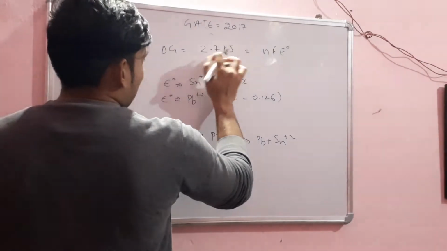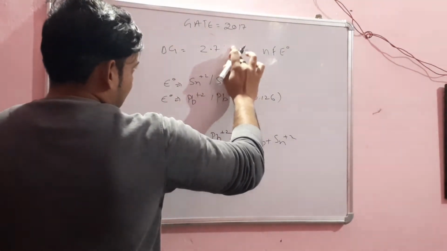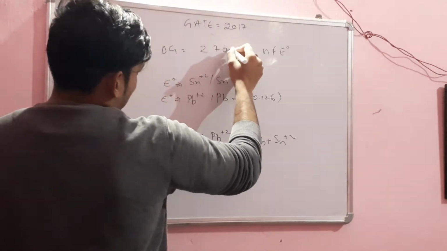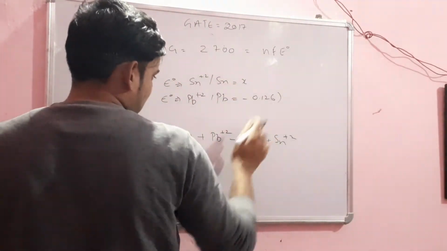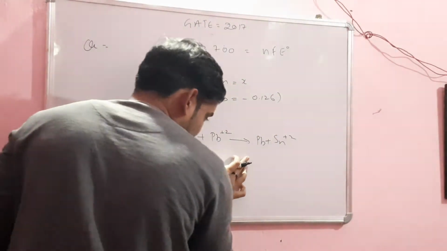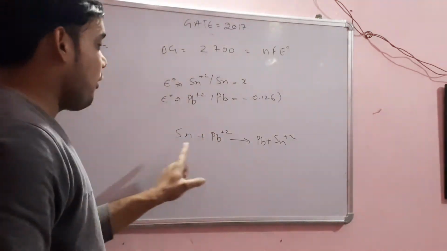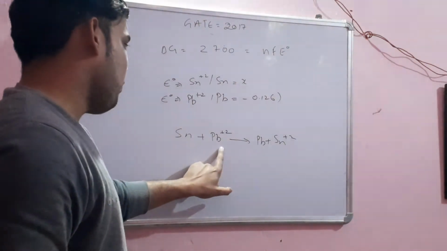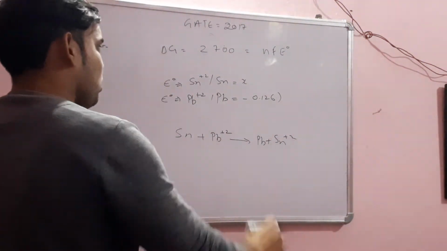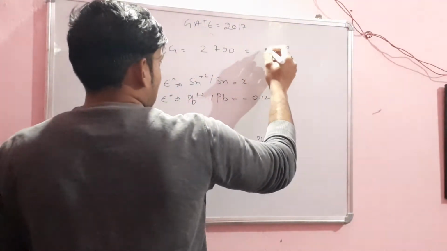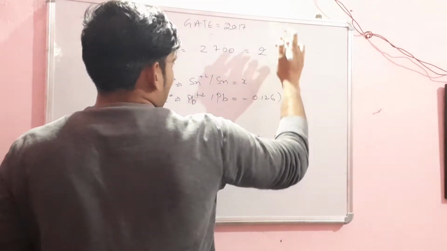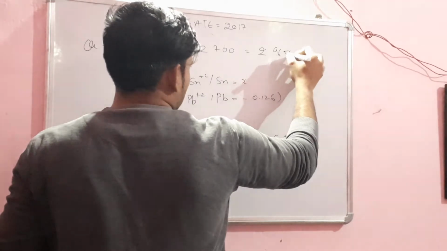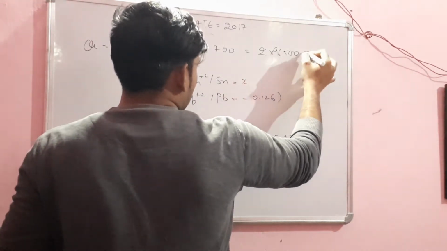So you know that 2.7 kilojoule we can convert to joule. This value will become 2700. And N, you can see in this chemical reaction the number of electrons exchanged is 2 electrons. Plus 2 means 2 electrons, so the N value is 2, and F is a constant, its value is 96500. It is called the Faraday constant.